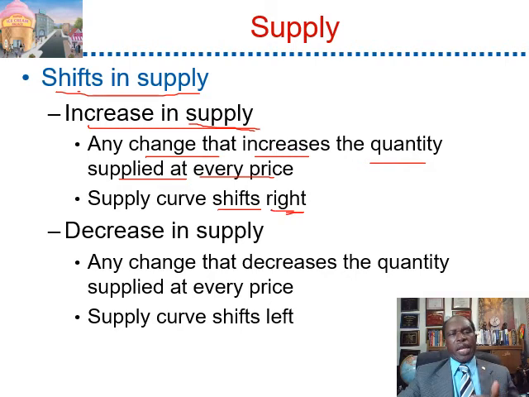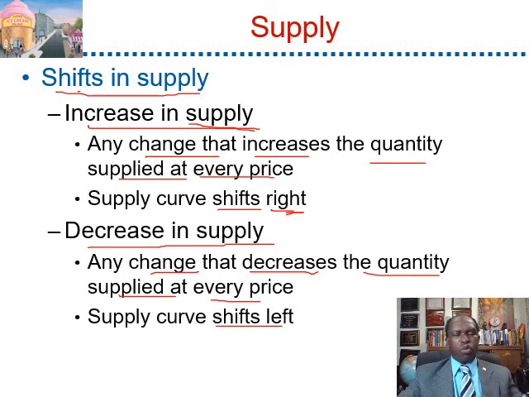On the other hand, a decrease in the supply: any change that will decrease the quantity supplied at every price will shift the supply curve to the left. For instance, if the number of sellers goes down, the supply curve will decrease and shift to the left.